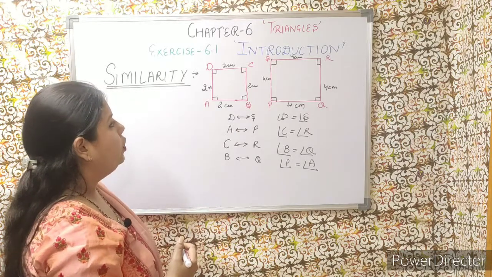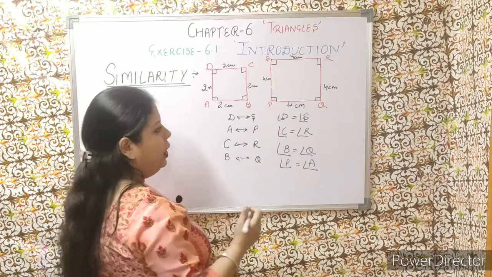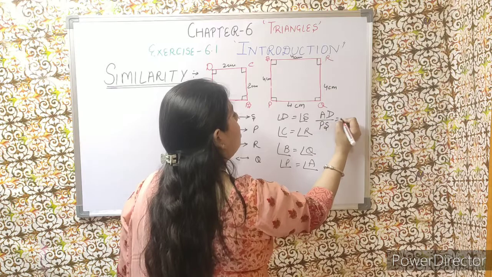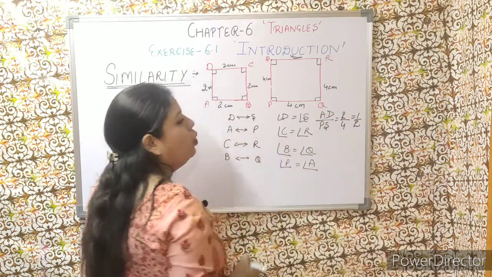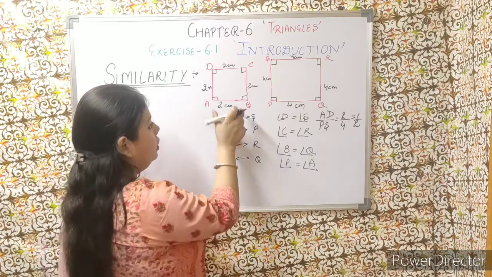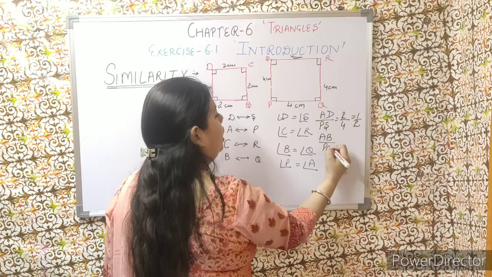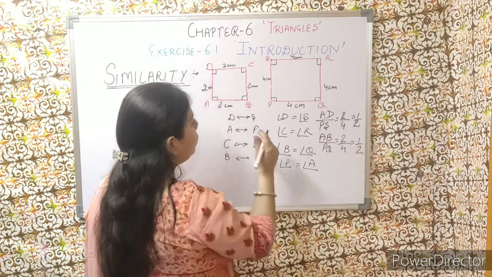Now let's talk about their sides. AD corresponds to side PS. So AD upon PS is equal to 2 upon 4, which is equal to 1 upon 2. Then AB corresponds to PQ, which is again equal to 2 upon 4, 1 upon 2.